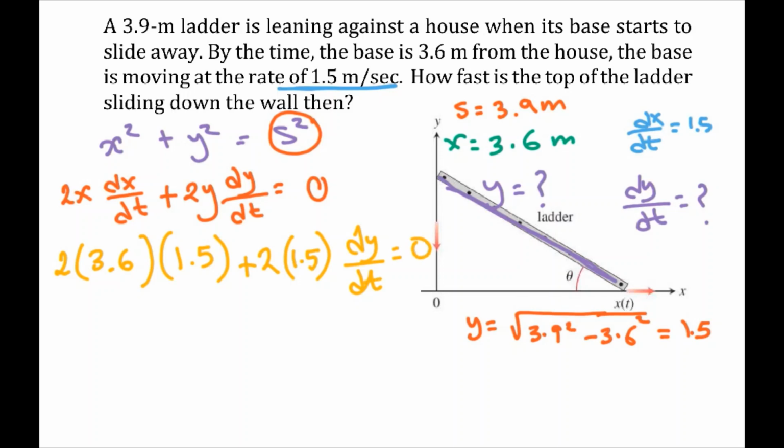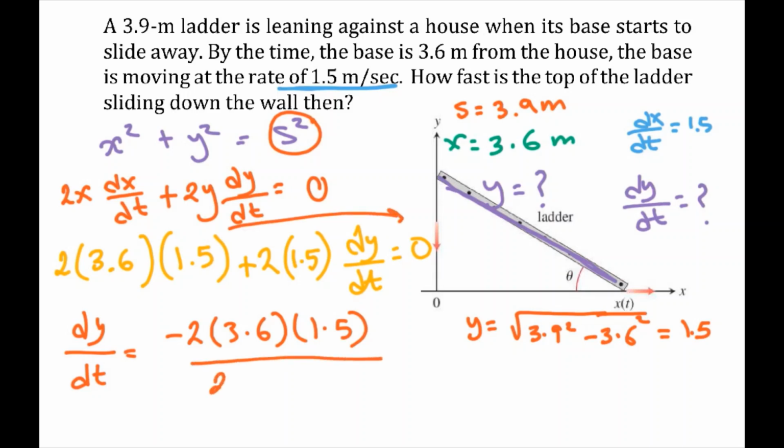Now you can easily move everything to the other side or do the calculation whatever you like. Negative 2 times 3.6 times 1.5, when I move it to the other side, divide by 2 multiply 1.5. The final answer will be negative 3.6 meters per second. So the negative sign here represents that the ladder is sliding down. Okay, the ladder is sliding down.